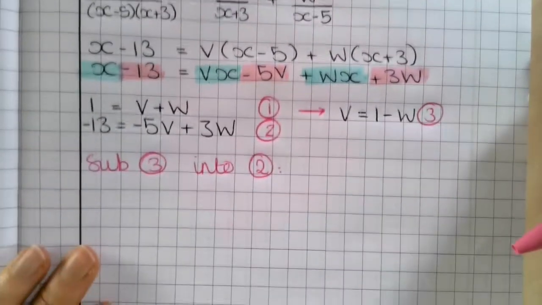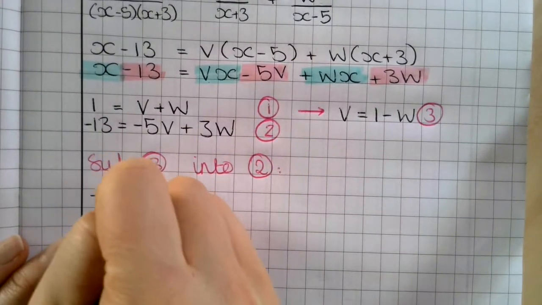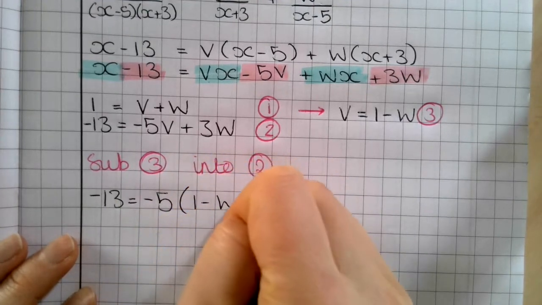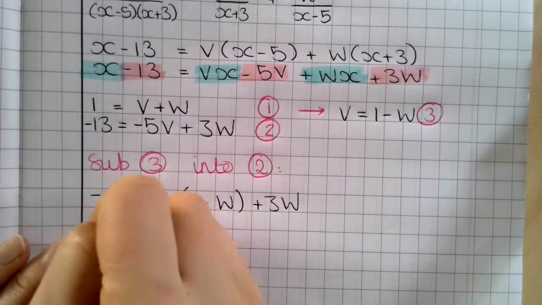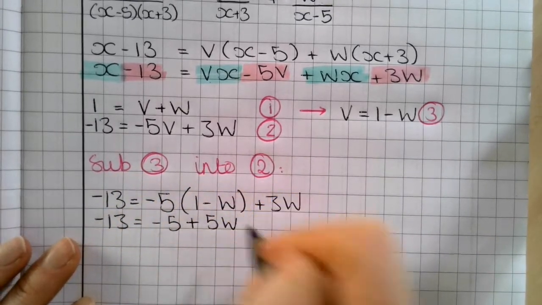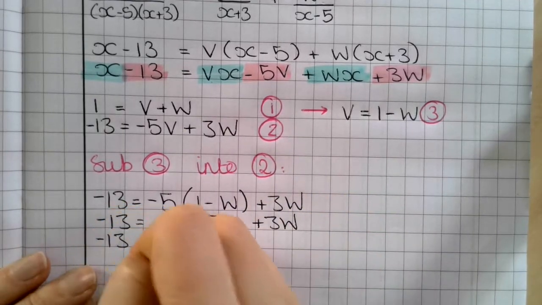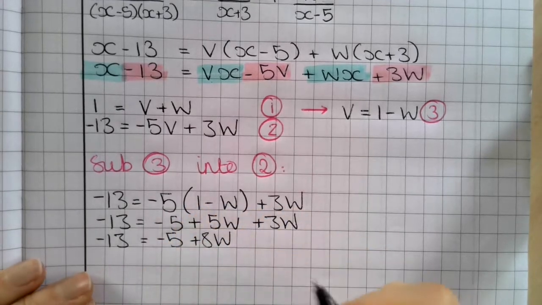And I get negative 13 equals negative 5 times 1 minus w plus 3w. So negative 13 equals negative 5 plus 5w plus 3w. So negative 13 is equal to negative 5 plus 8w.